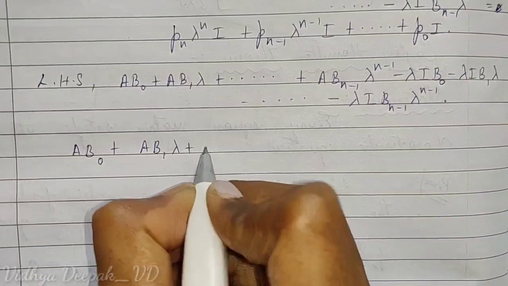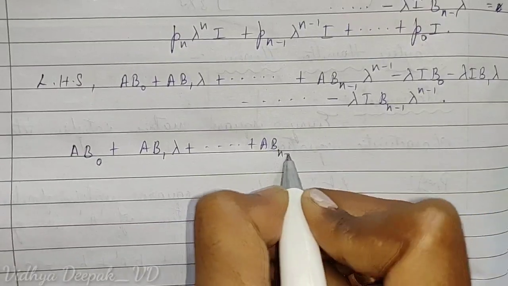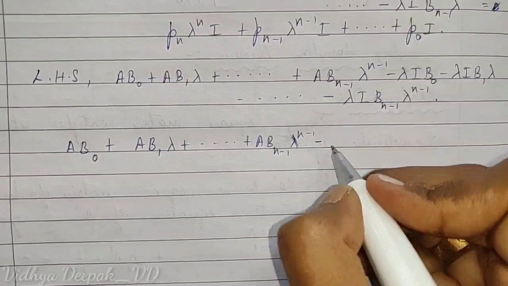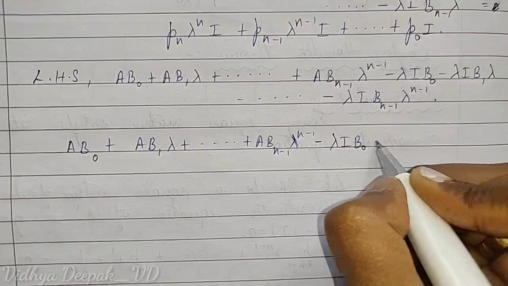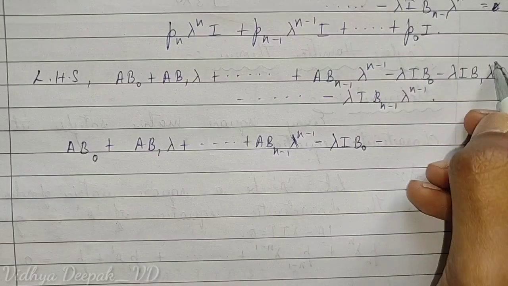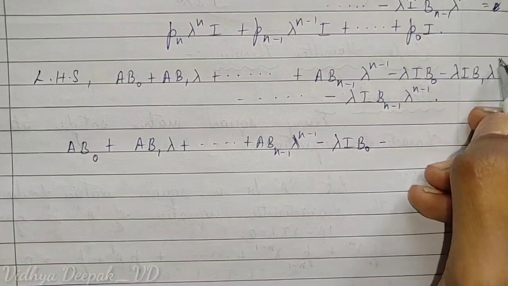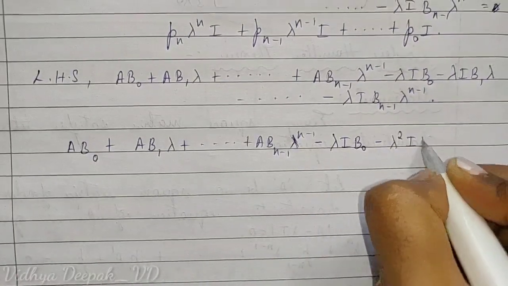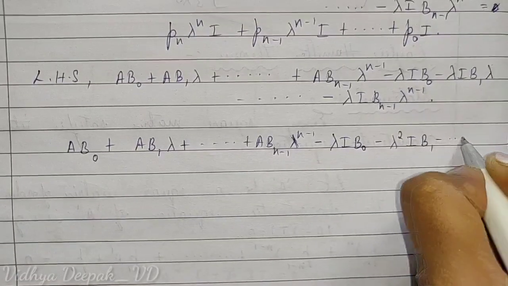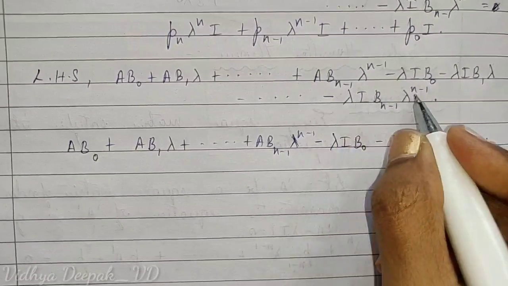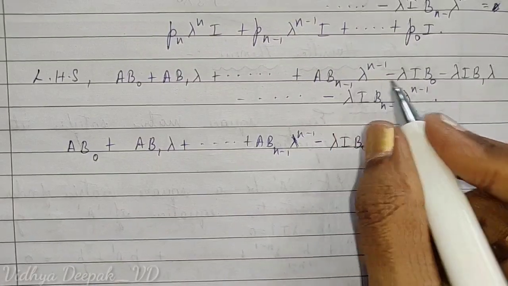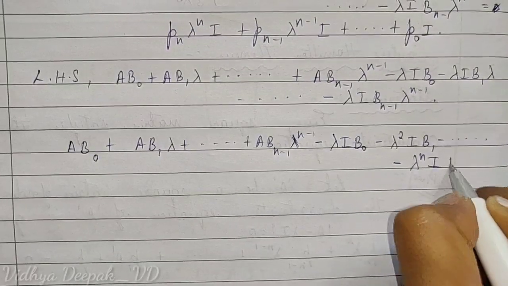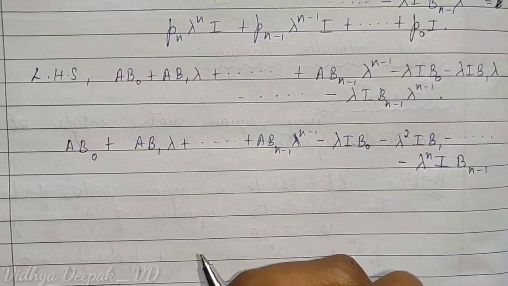Here this remains the same, plus ABn minus 1 lambda power n minus 1, minus lambda I B naught, minus lambda power 1 you have, that is, a power m into a power n is a power m plus n. Power gets added up. 1 plus 1 is 2. That means lambda square I B1 minus etc. minus here lambda power n minus 1 lambda power 1, that is 1 plus n minus 1. Plus 1 minus 1 gets cancelled and becomes lambda power n I into Bn minus 1.